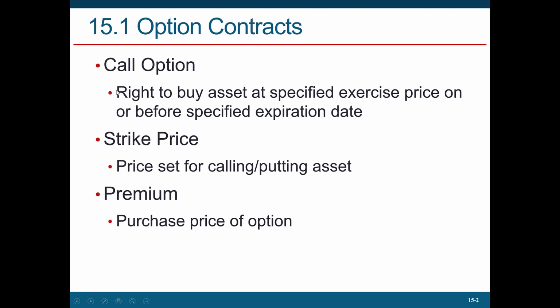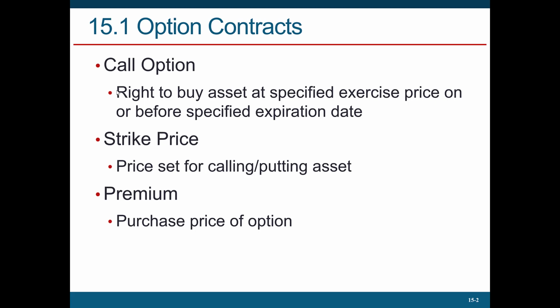So the right, not an obligation, a right to buy the underlying asset. So underlying asset could be a share of a stock, for example, or some commodities, fixed income securities. Options are out there on many different types of assets.